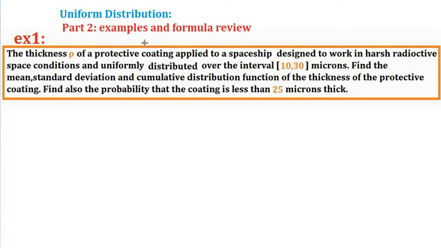Since our function is uniformly distributed, we can apply the expectation of uniform distribution. We know that the expectation of a uniform random variable is a plus b over 2.